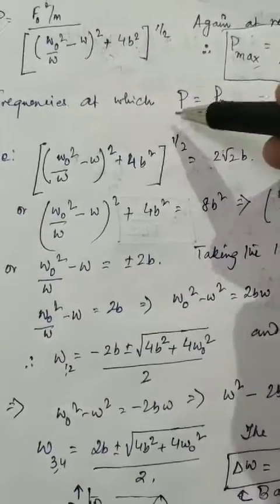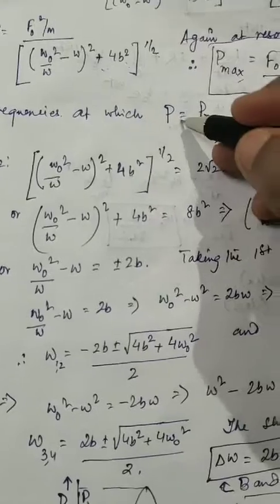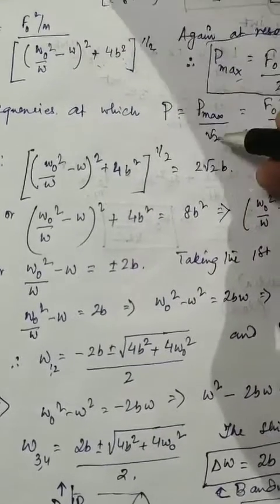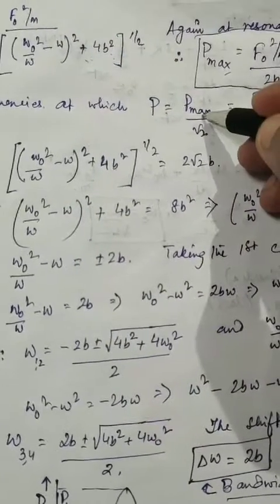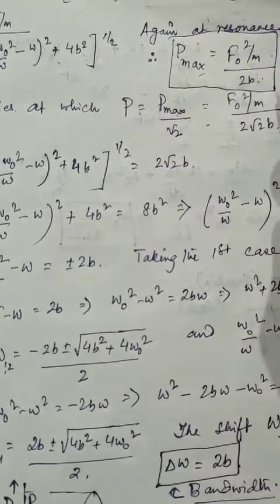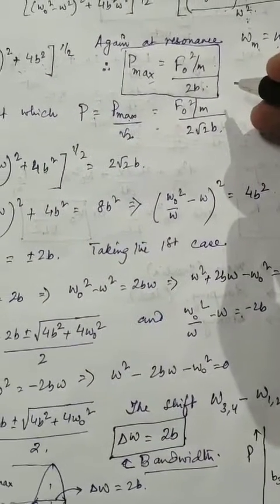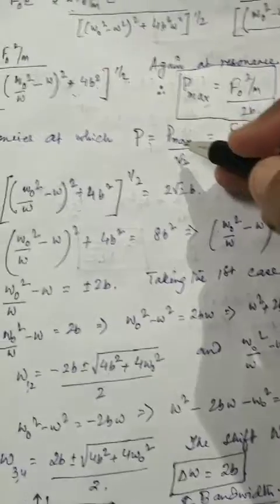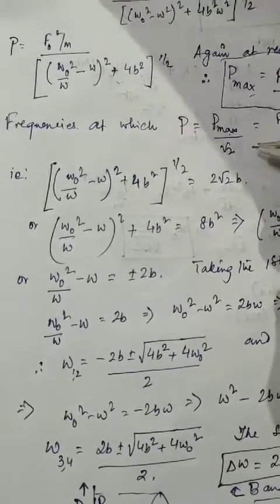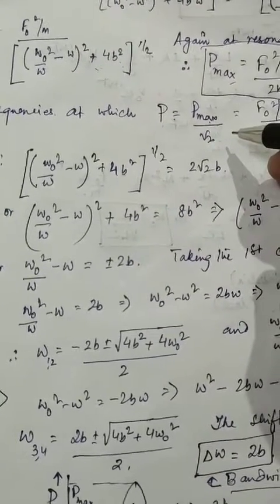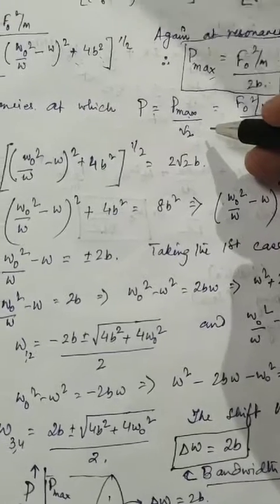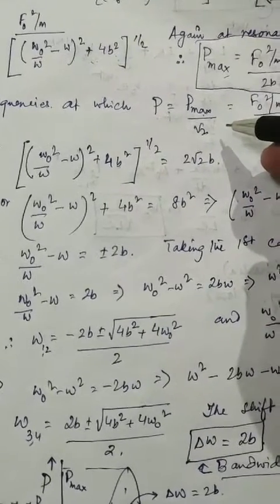Now let us find out the frequencies at which the power will reduce to P max by root 2. Why am I doing this? This will be clear as we progress through our lecture.